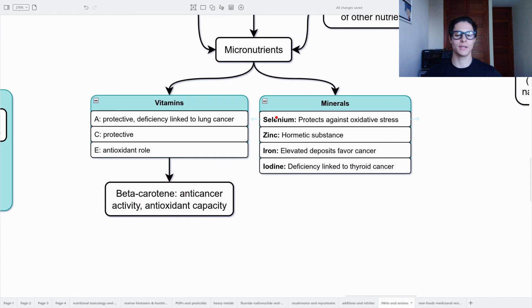Minerals, we have selenium, which protects against oxidative stress, which is very good. Zinc, which is a normoedic substance, which means that a deficiency will probably create an imbalance, but too much of it will also affect the cancer negatively, because zinc is a promoter of growth. Iron, elevated deposits favor cancer, and iodine, a deficiency is linked to thyroid cancer.